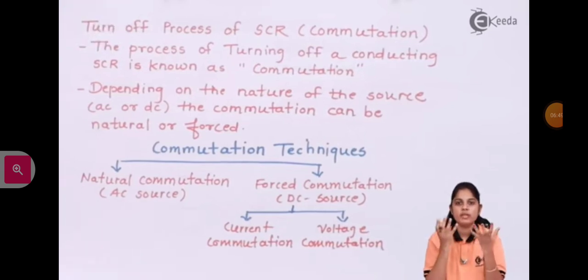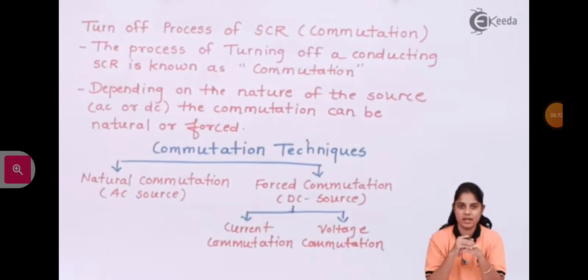So what can be done to switch off the SCR? Because SCR is nothing but a switch. We are going to use SCR as a switch, and if it is used for switching applications, it should be turned on and turned off at the required time. So we'll see how it can be turned off.